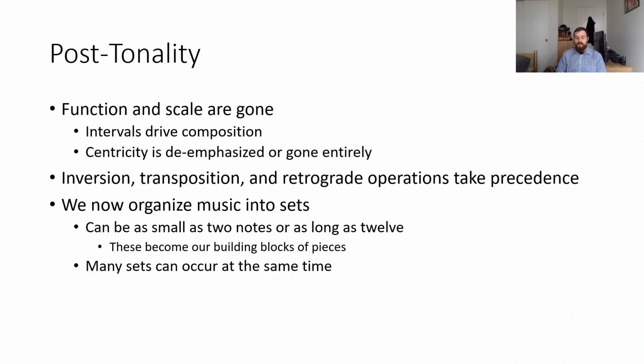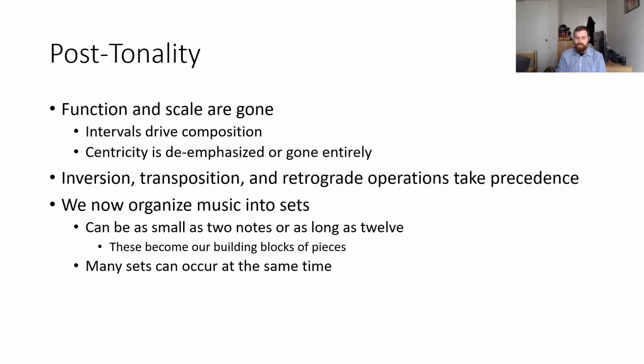So when I say inversion, I mean flipping interval sizes. For instance, instead of ascending up a major third and then up a minor third, we can go down a major third and down a minor third. So inverting and so on. That's one way to manipulate pitches.